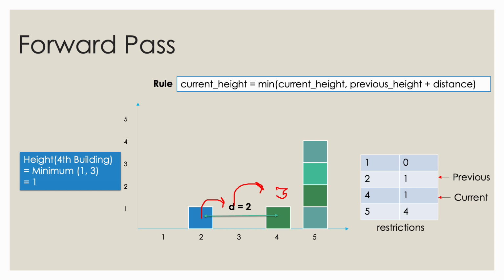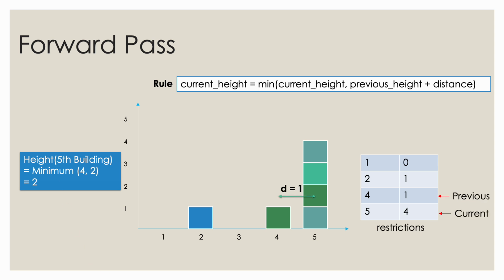But my current restriction says no, we can't go beyond height 1 for building 4. So which restriction are we going to consider? The minimum one. So we only consider the minimum value, which is 1.